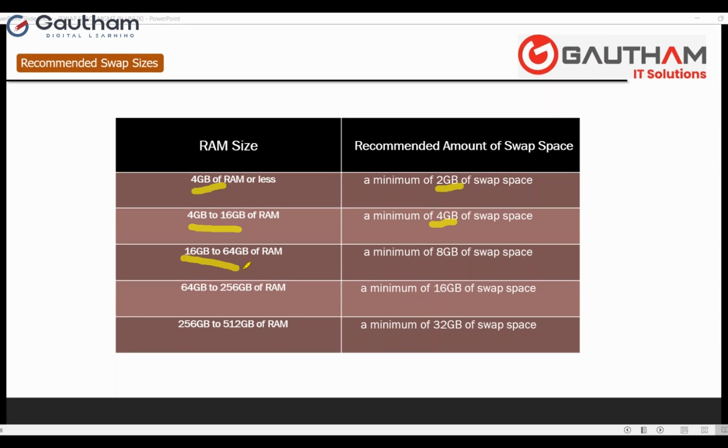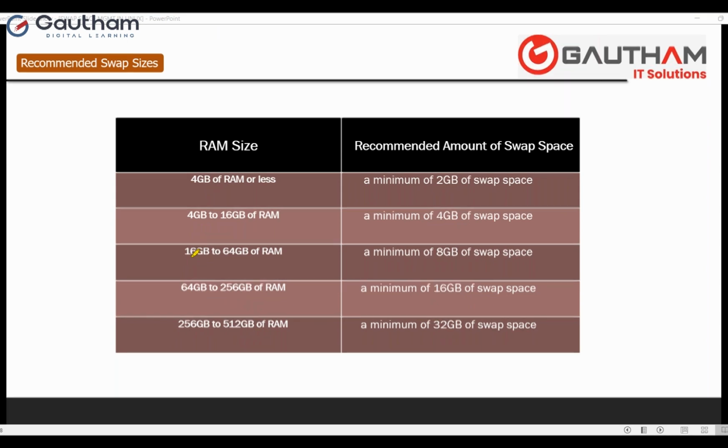If between 16 to 64 GB, minimum 8 GB. If 64 to 256 GB, minimum 16 GB. If between 256 to 512 GB, minimum 32 GB. Same way, if your RAM is up to 1 TB, at least 64 GB swap has to be maintained.